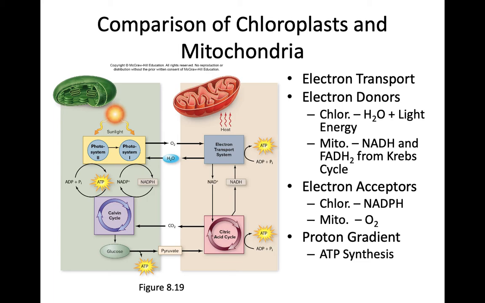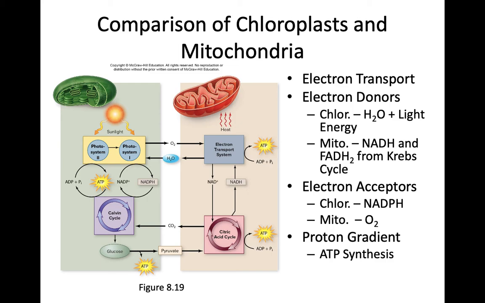You should also be able to see that the two processes in many ways are working in the opposite direction. Both chloroplasts and mitochondria will use the transfer of electrons through proteins to pump protons. Too many P's.